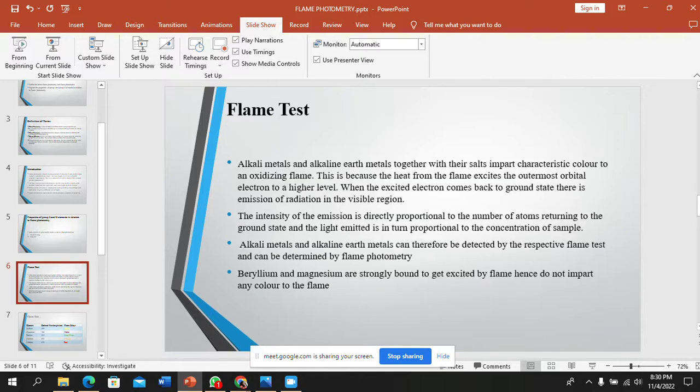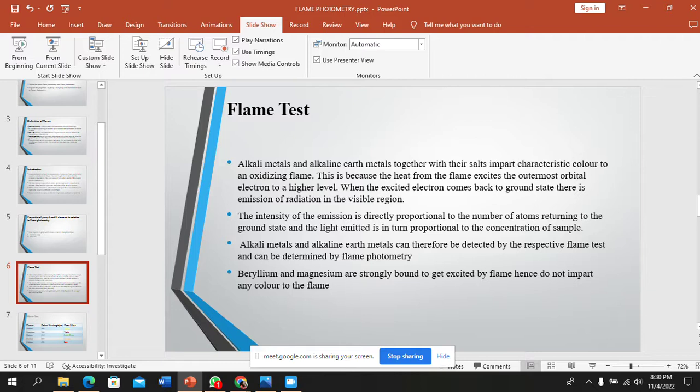We are going to start with the flame test, and we know that different elements, mostly alkaline and alkali metals, impart characteristic color to an oxidizing flame. This means that when you burn maybe sodium metal in a flame, it will produce a certain color. When you take another element like potassium, it will have a different color.